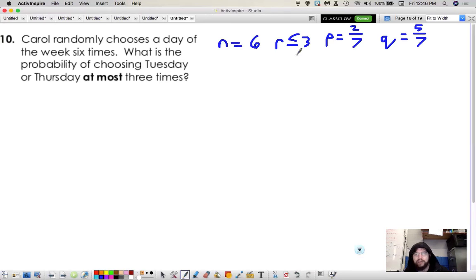So interpret. What does R less than or equal to 3 mean? That means R equals 0, R equals 1, R equals 2, or R equals 3. If we're doing this by hand, we'd calculate these 4 probabilities and add them up. We're not going to do that because we're going to use the calculator.